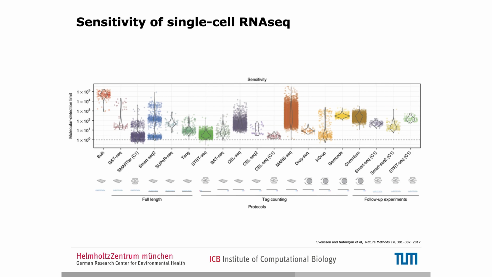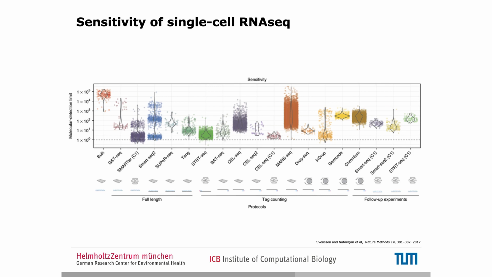This plot is already from 2017, and I think there's already a couple more protocols being published ever since. Okay, so what you see here is a so-called molecular detection limit. So how many copies do I need to detect this gene or this transcript at least once?